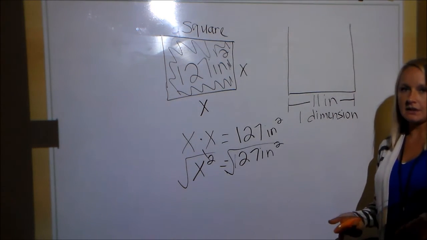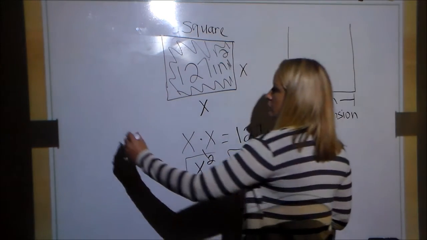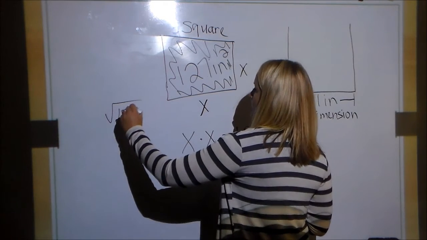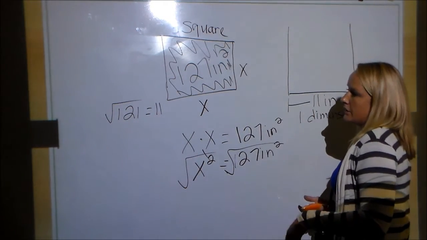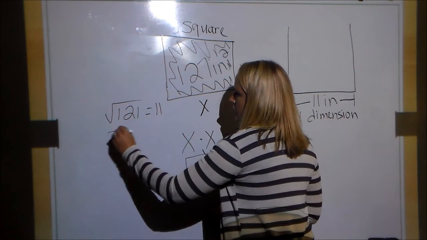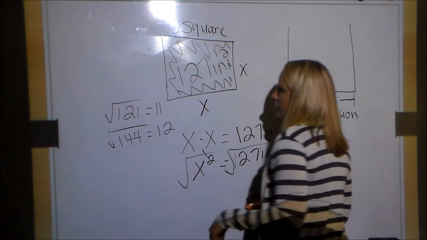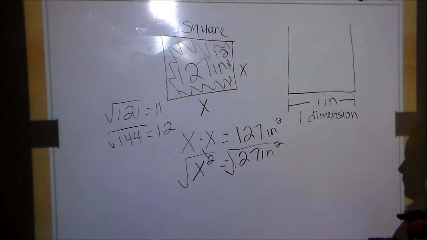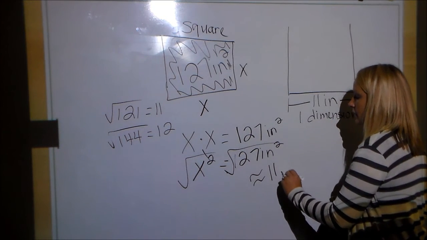This isn't an exact amount. We know that the square root of 121 is 11. And then the next one larger from that in our charts that we have, the square root of 144, is 12. So the square root of 127 has to be somewhere in between 11 and 12.